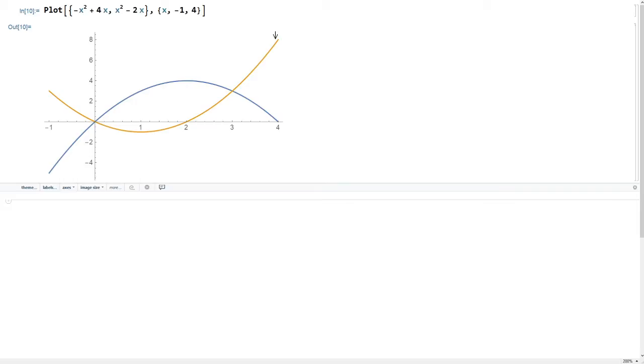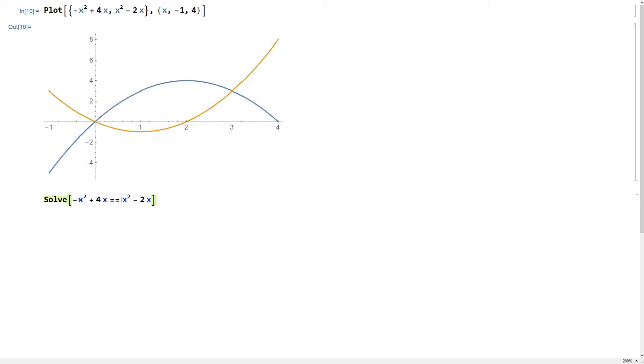Probably not that hard to ensure that's true. But here's something else we can do. We have these two functions that we want to set equal to each other and solve for x. Remember, we have the Solve command in Mathematica.